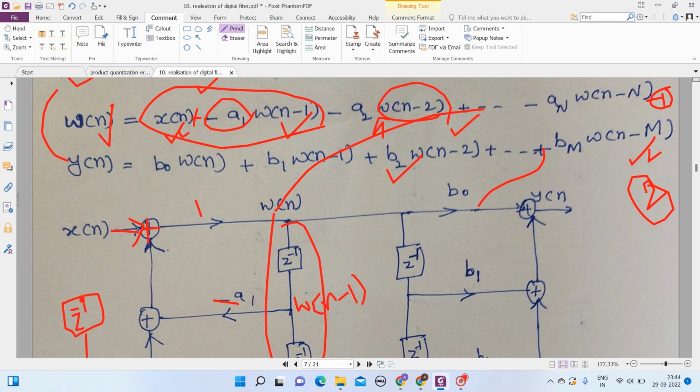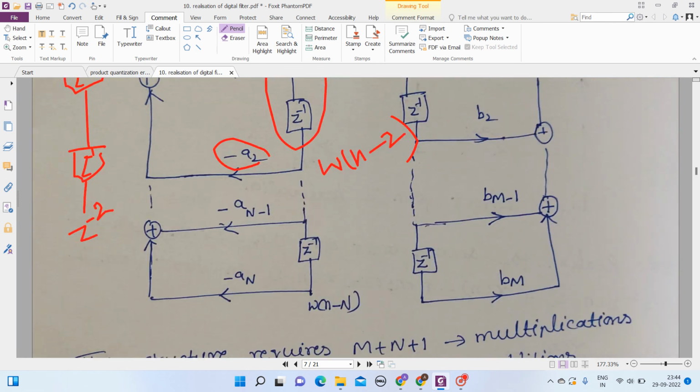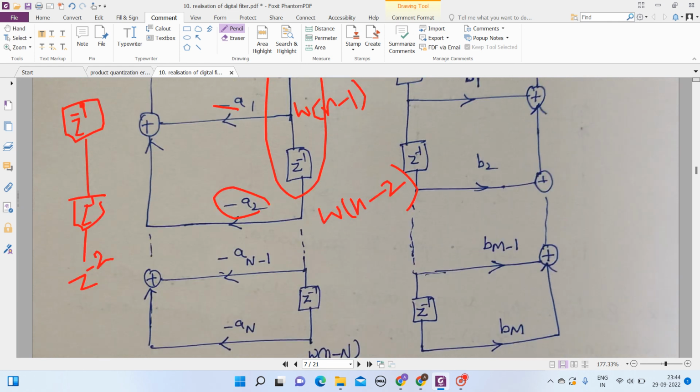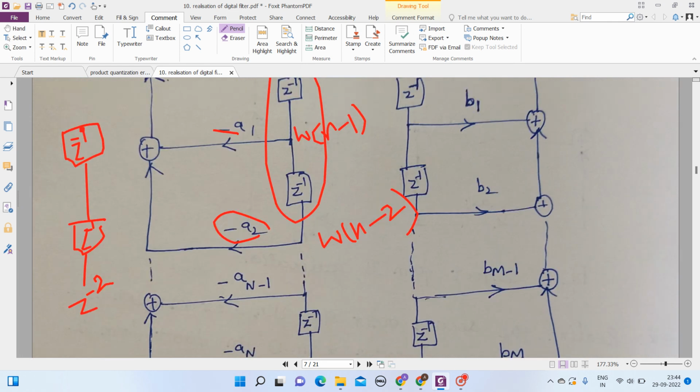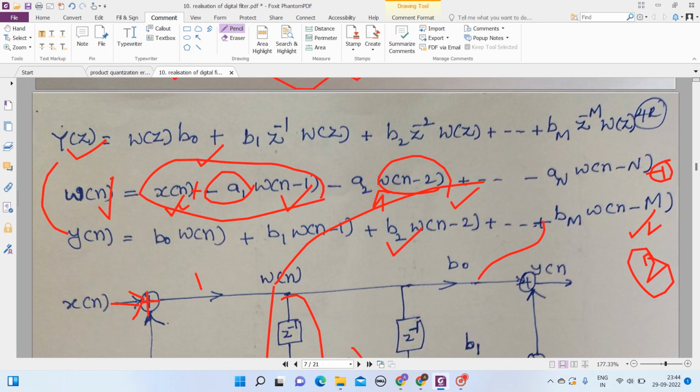The final term is minus a subscript N w of n minus capital N. Again z to the power of minus 1, so w of n minus capital N, you are multiplying with minus a subscript N, then you are adding with this adder element, you will get this one, right?